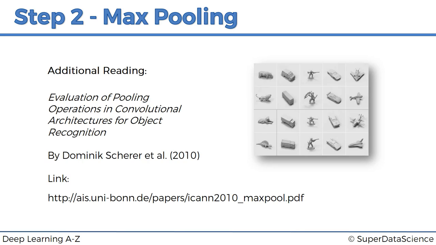And on that note, I'd like to introduce you to this lovely research paper called Evaluation of Pooling Operations in Convolutional Architectures for Object Recognition by Dominik Scherer from University of Bonn. There's the link. And the beauty about this paper is that it's very simple, very straightforward.